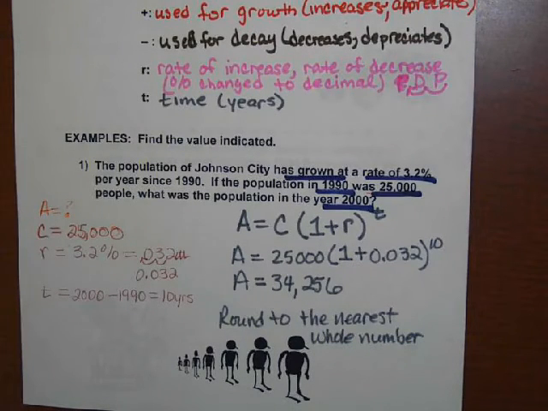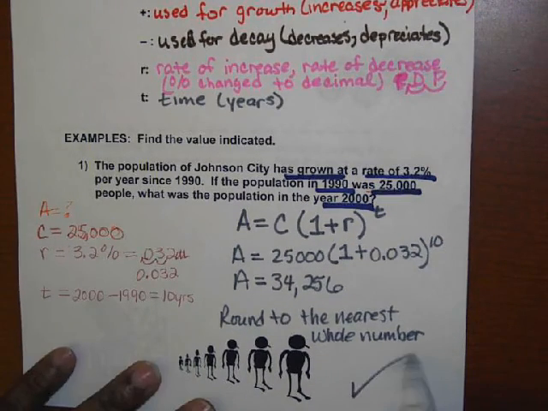And no, a baby's not a fraction of a person. It's still a person. Okay? So even if the directions do not tell you to round to the nearest whole number, you need to know that automatically you need to round. So don't forget that. Woohoo! There we go.